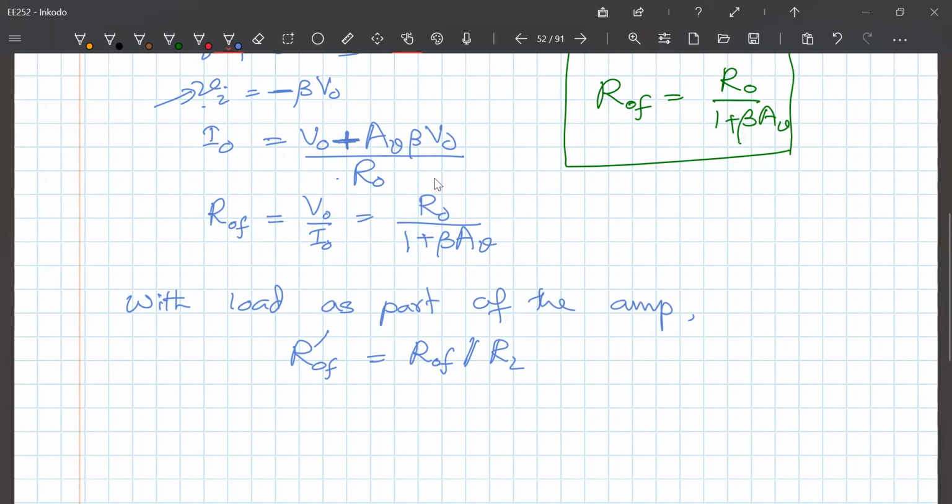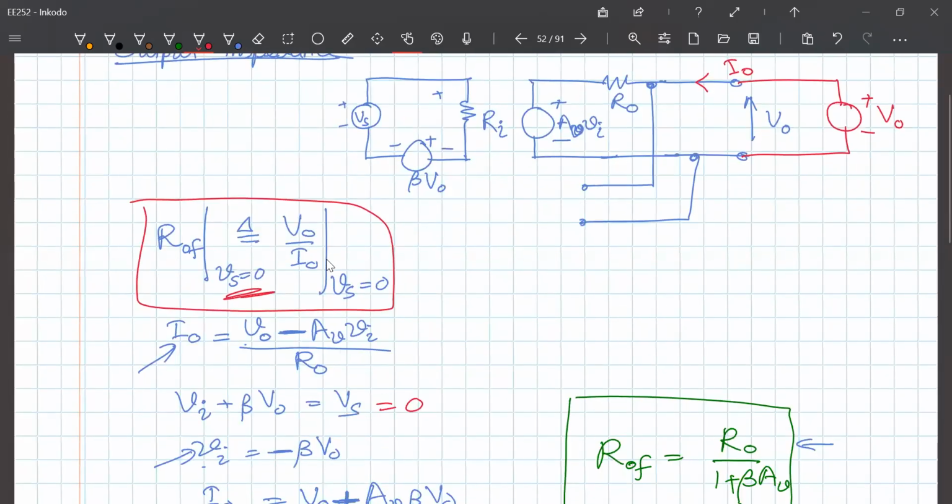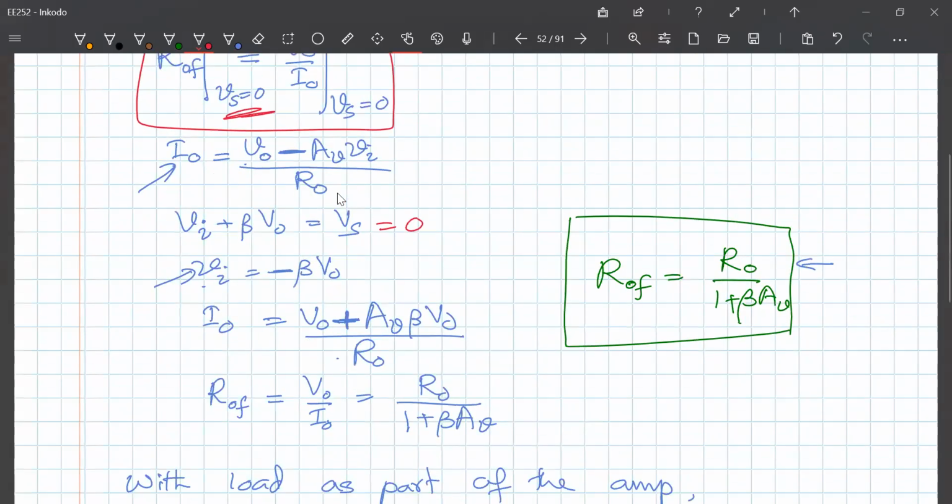This is the definition of the output impedance. So even if you don't have a resistance here, you see that the output impedance has reduced, even when there is infinite impedance there.